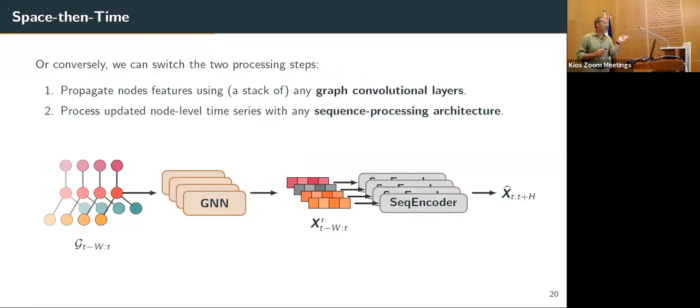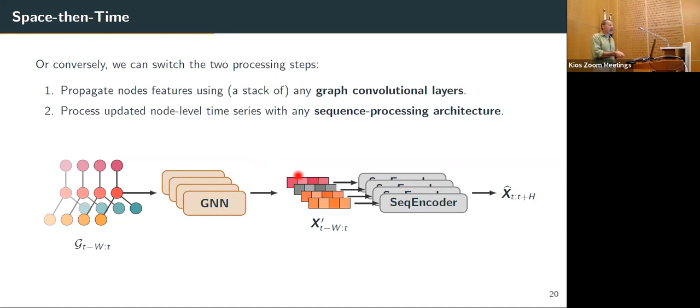Okay. Space, then time. Space, then time means that you start with the multivariate time series, and at every single time instant you have a graph. And then you have a graph stream, different times, different graphs. You have now a sequence of graphs. You need to process space at first. So graph neural networks, separate filters, whatever is needed.